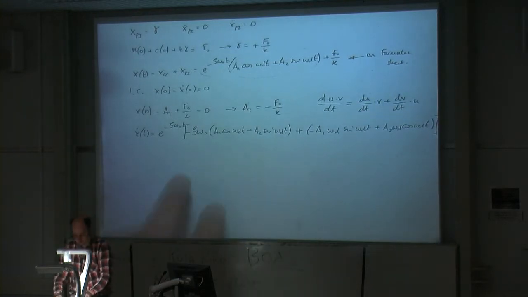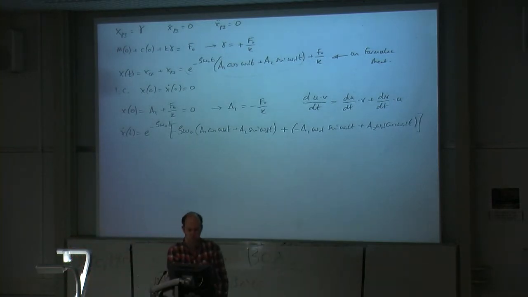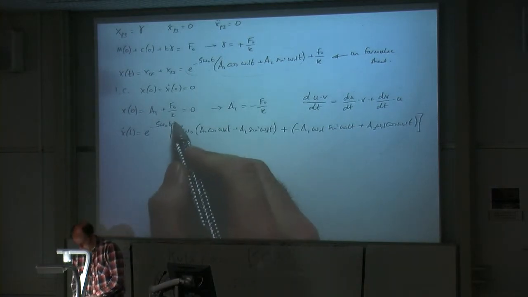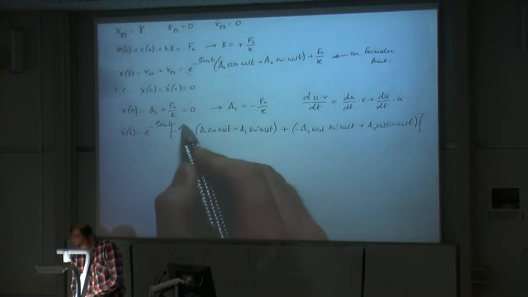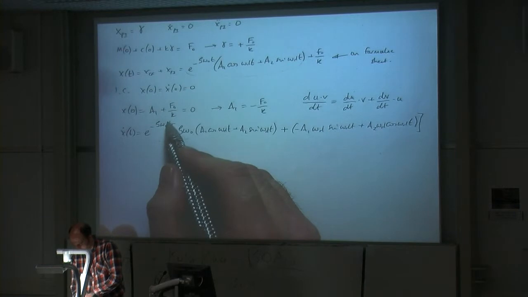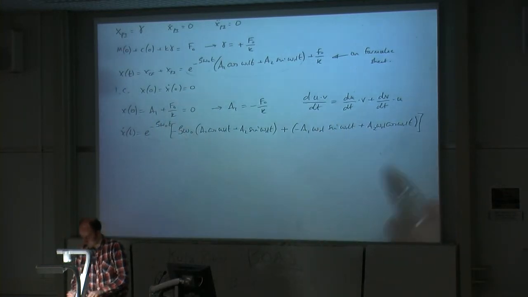And what I've done is I've taken this exponential term outside of the brackets because it's multiplied by both of those terms. So if you look at it, we've got this bit here, that's our du dt multiplied by v, and here I've got my u by dv by dt.